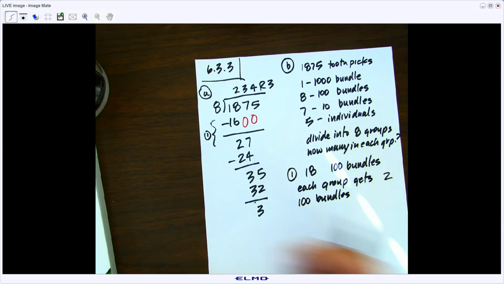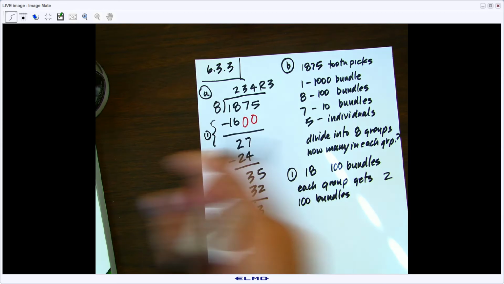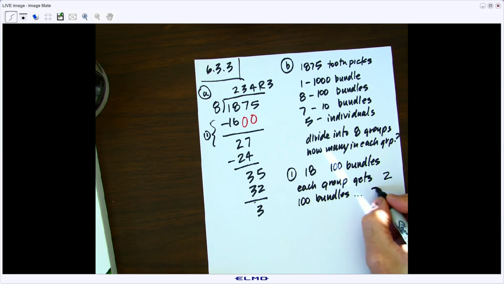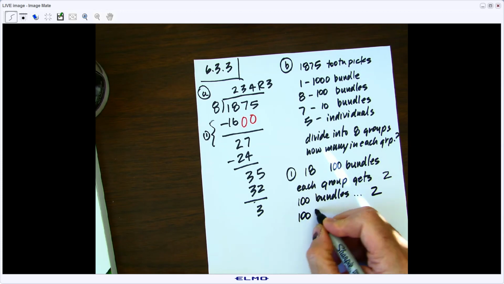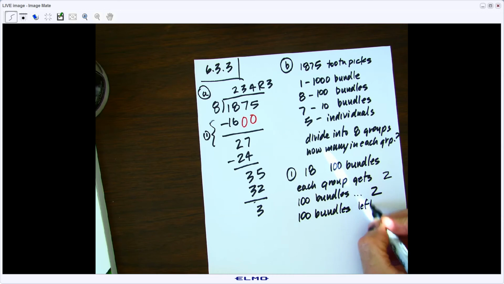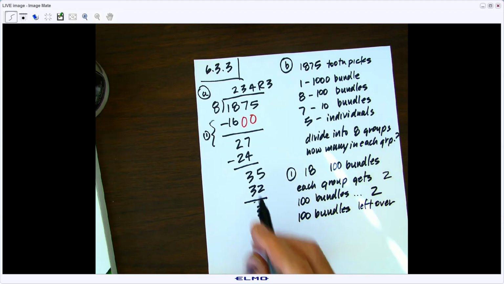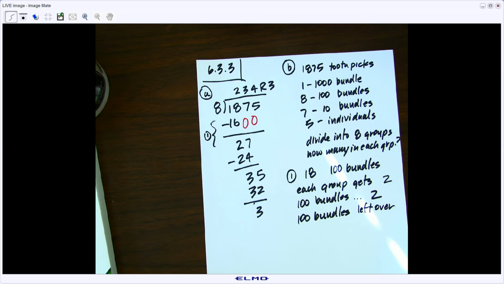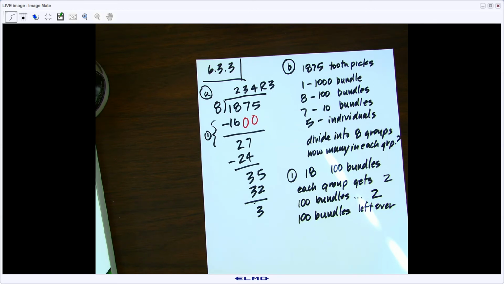So we're dealing out the 100 bundles, and they go around twice to the groups, so that gives 16, which means that there are 2 100 bundles left over. So that's really what's going on in the first subtraction and division piece.